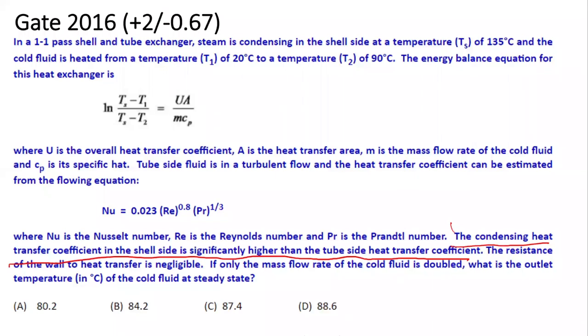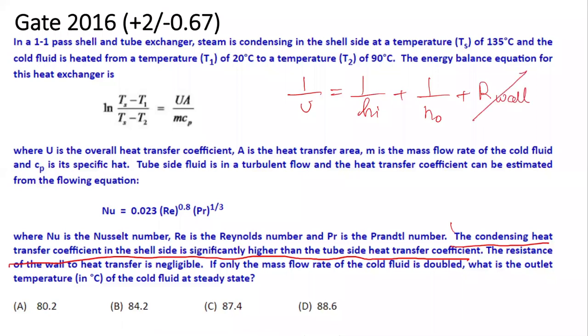So it says that the condensing heat transfer coefficient, that is the HTC on the shell side, is significantly larger than the tube side. So we all know that 1 by U is equal to 1 by H I plus 1 by H O plus the resistance due to wall.